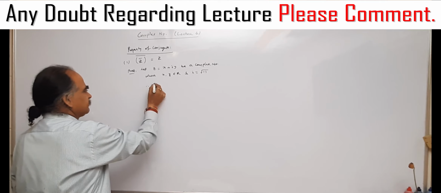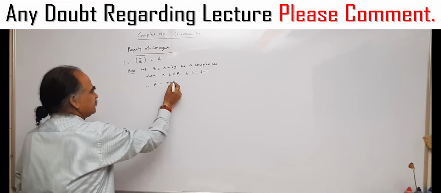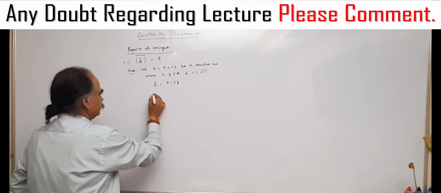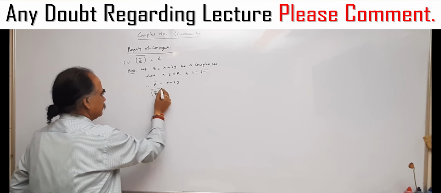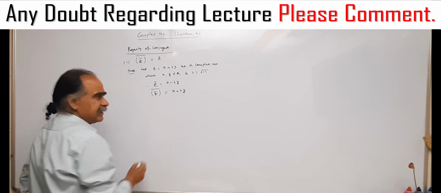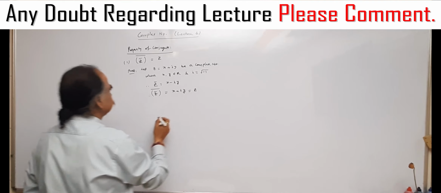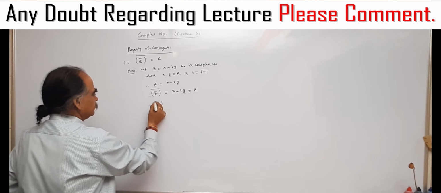Therefore, z conjugate is x minus iy. So the conjugate of z conjugate will be x plus iy, and x plus iy is nothing but z.